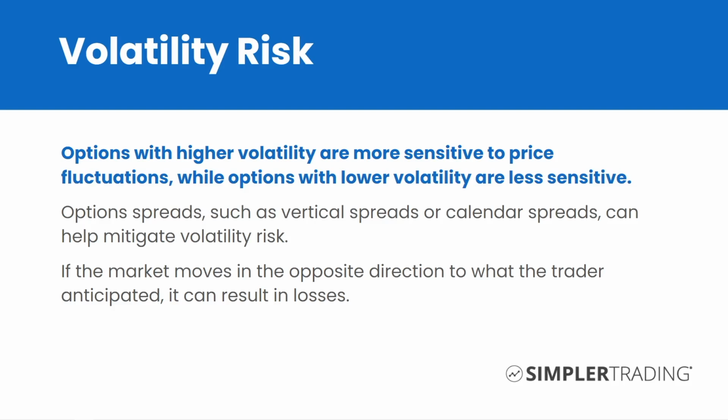Option spreads, such as vertical spreads or calendar spreads, can help mitigate volatility risk, right? And as I mentioned earlier, there are some strategies like credit vertical spreads that can actually really benefit from the decrease of volatility, whereas a long call or put might benefit from that increase in volatility.